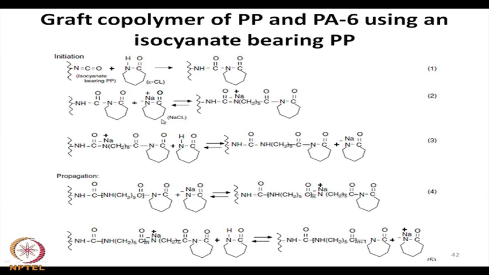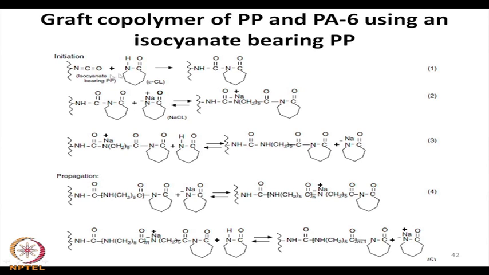So, we find that some acid acceptor can be used over there, and that continues to grow such a nylon chain on the polypropylene backbone.